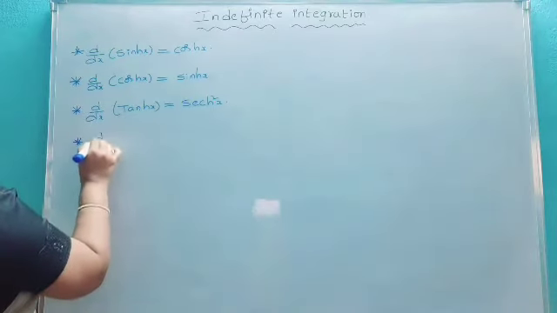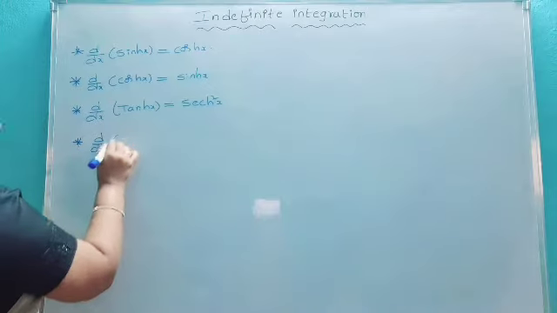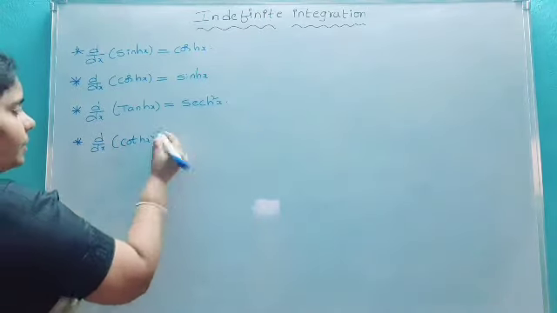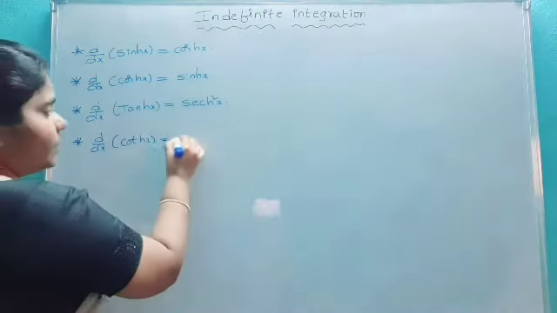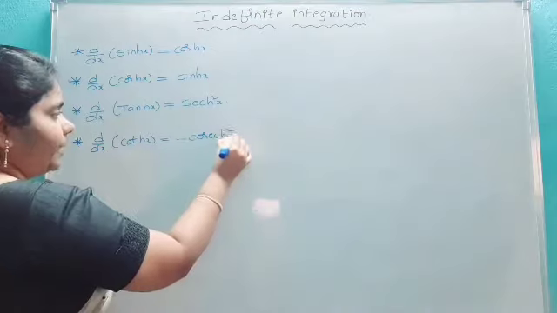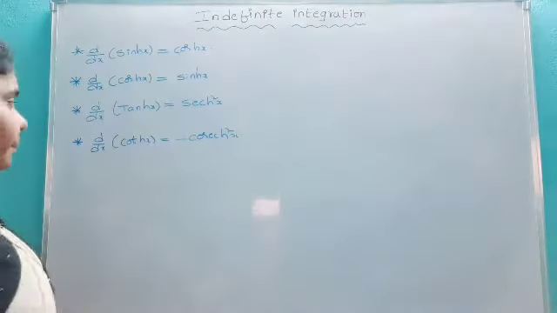Next, d by dx of coth x is equal to minus cosech square x.